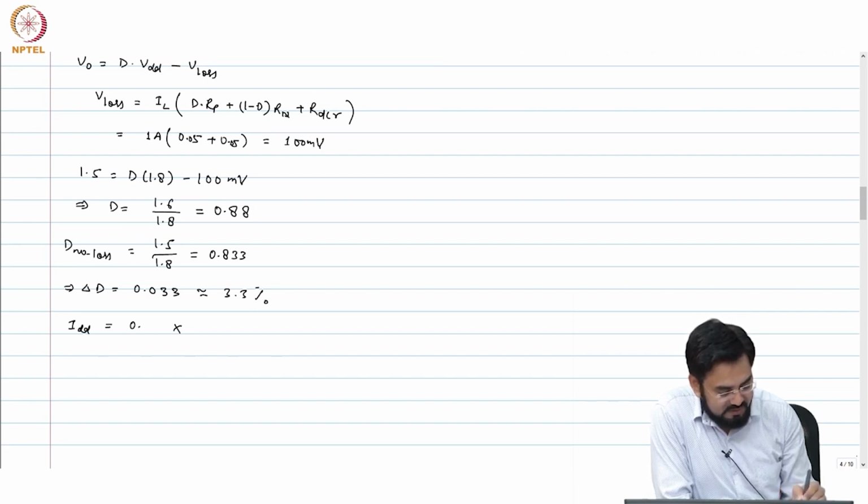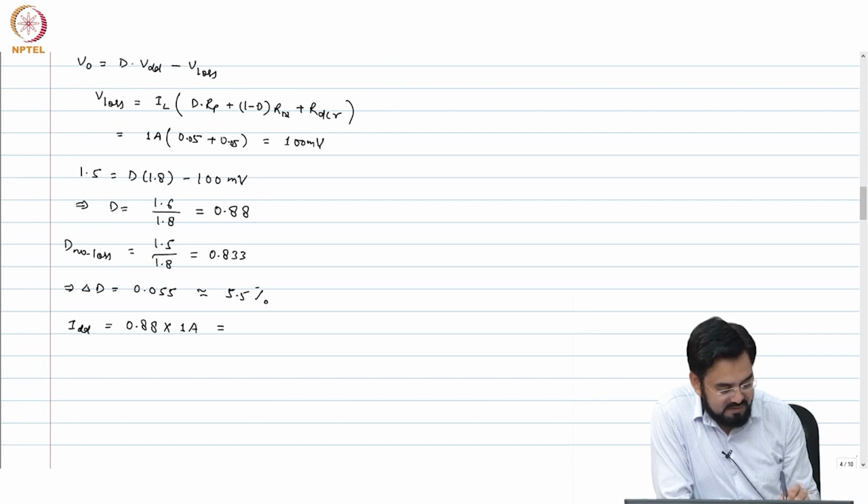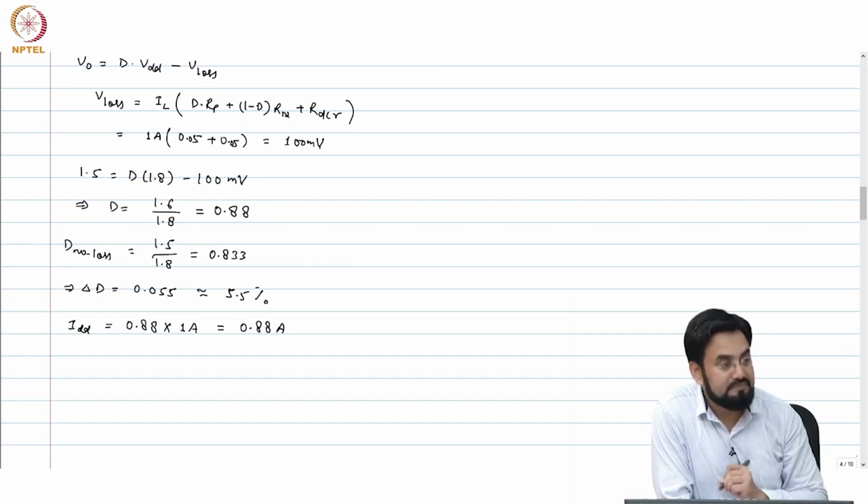So, you get, correct, 5.5%. So, your IDD is multiplied by 1 m, which is, okay.